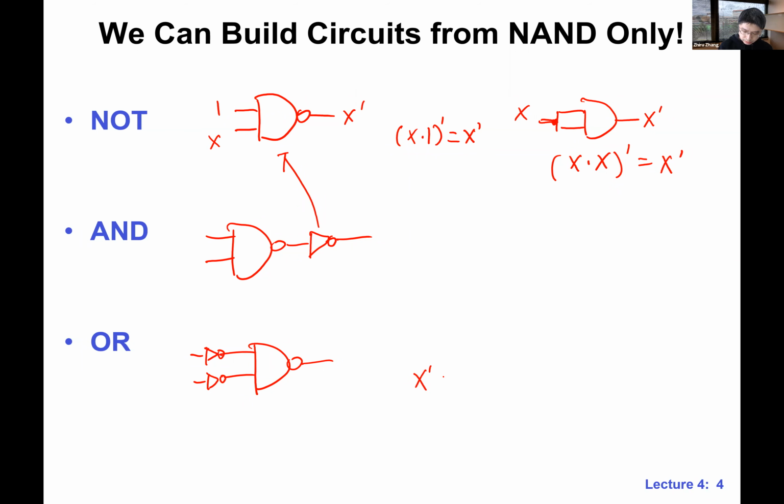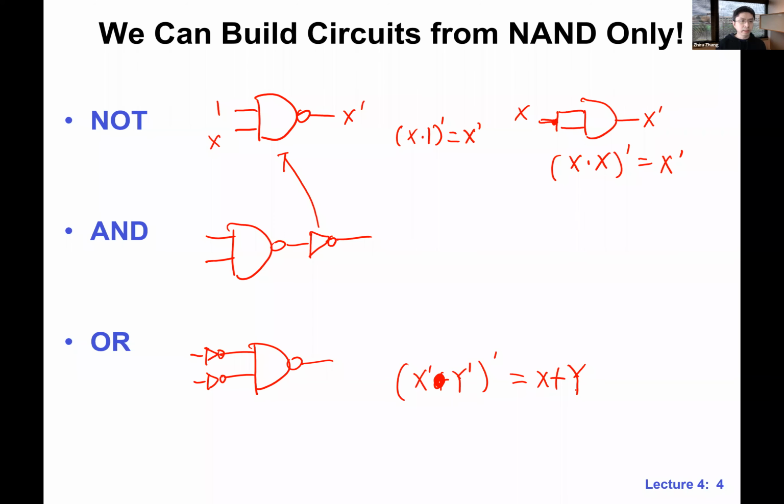This is basically X naught plus Y naught, and we take another inversion. This is what? This is basically, sorry, I should have. This really is AND, right? This is X plus Y, right? According to the model. Make sense?